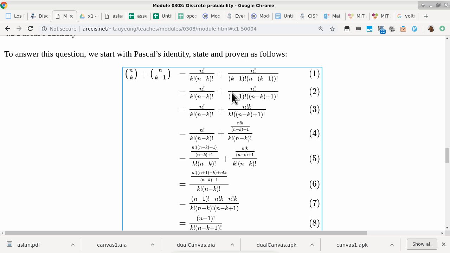And what about from line 1 to line 2? What is the derivation from line 1 to line 2? All I did was to use associative rule and rearrange this part here just a little bit so that it looks like this.